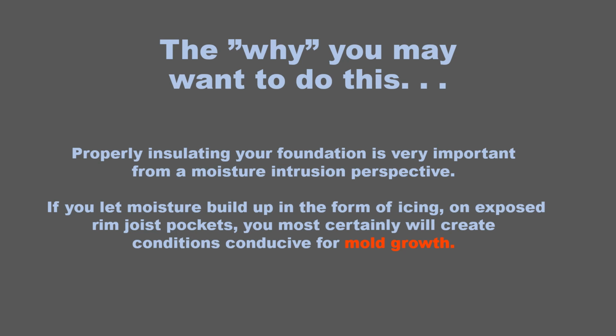But remember this. If you have a paper face or foil face or whatever kind of face there is, make sure you're seeing that face as you push it in properly, cut, of course, to fit nicely in that rim joist pocket. And try to make sure that you're covering the sill that sits on top of the foundation. That, my friends, is so important. So if you're going to do anything, do that.